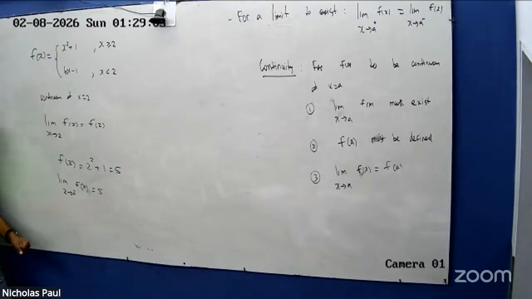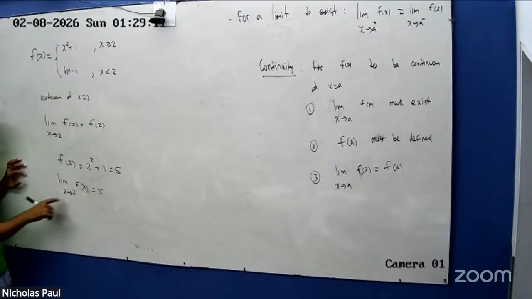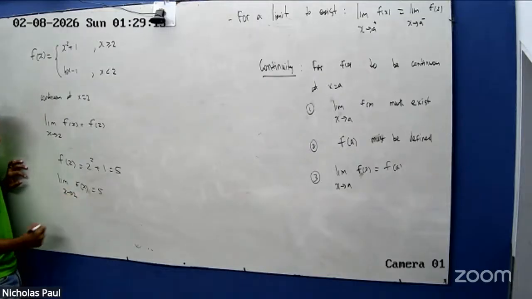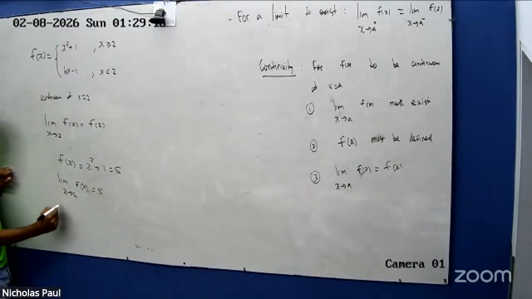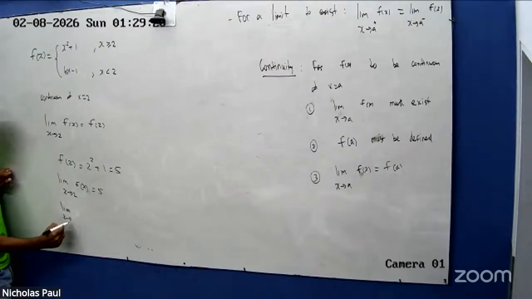Now, how do we find the limits? To find a limit, we know that the limit as x approaches 2 from the right, let's do from the left.